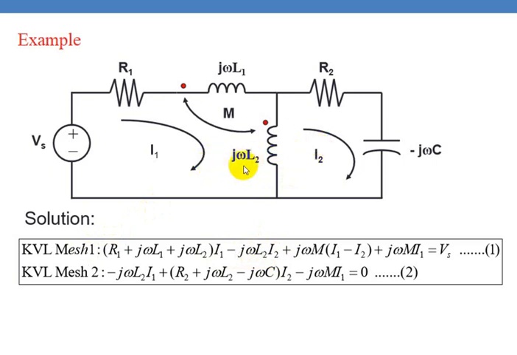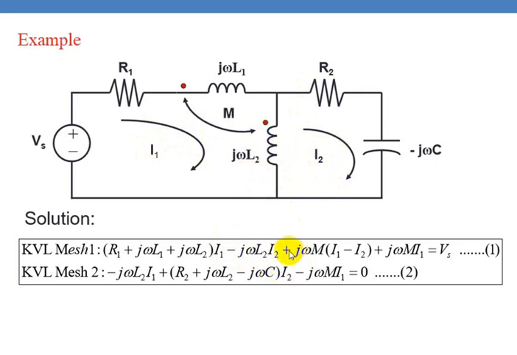It is j omega L2. So you write j omega L2 into I2. For the polarity, this plus or minus sign, you find it by checking whether the current directions are opposite. In this case, I1 is flowing from top to bottom and I2 is flowing from bottom to top. So they are in opposite directions, so write a minus sign here.